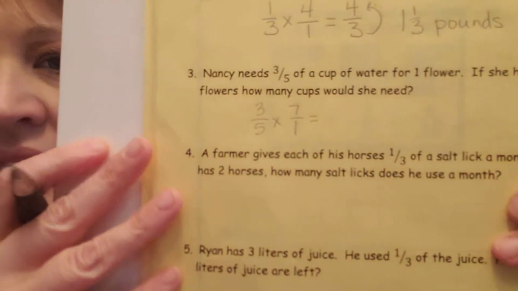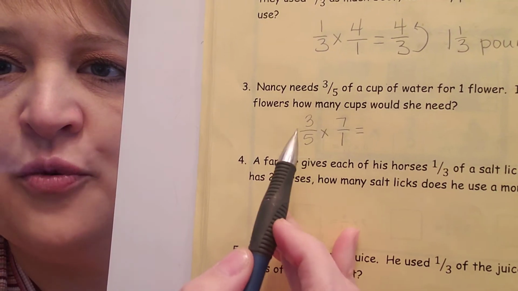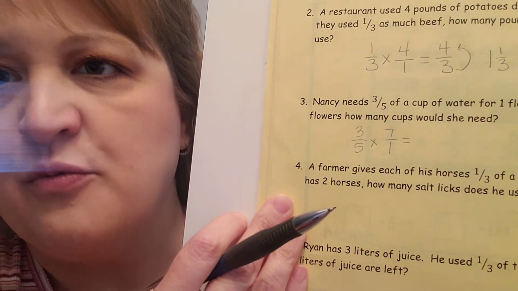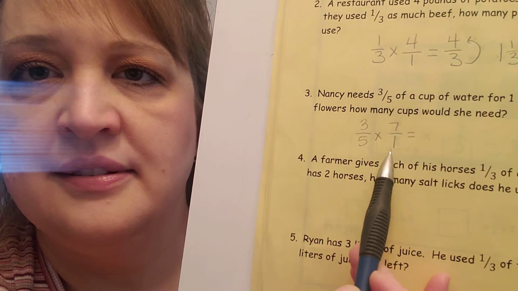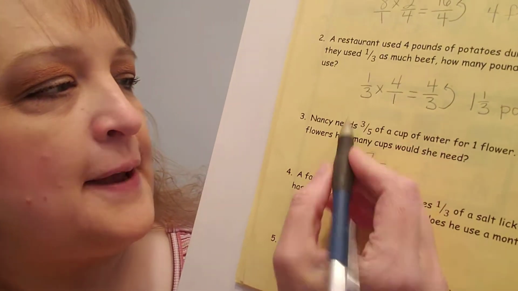Set it up, and I'm going to set it up, and let's compare answers. All right. Did you have this? Now, if you have your 7 over 1 first and your 3 over 5 second, that's fine. We're matching. But do you have it over a 1? Do you have these fractions? All right, now we're going to multiply.